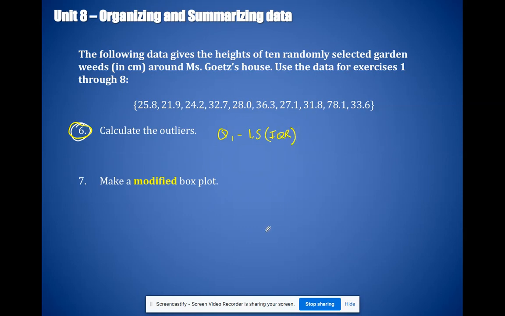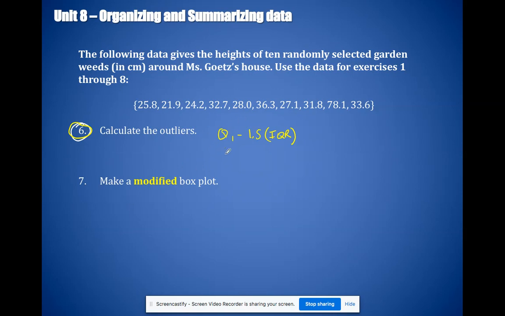Sometimes I hesitate with these formulas because you could look up the definition of an outlier. This is what we're going to use, what IB is going to use as well.